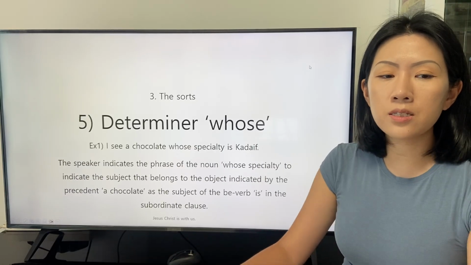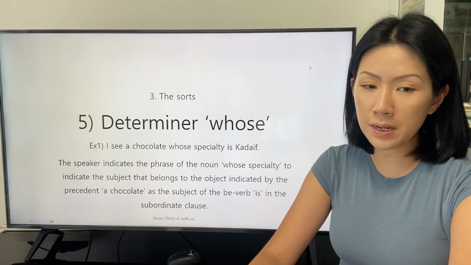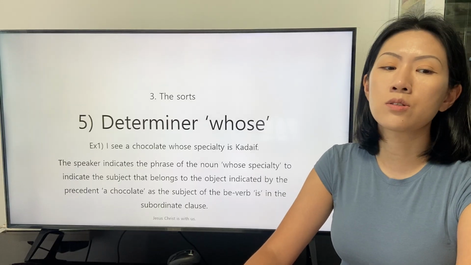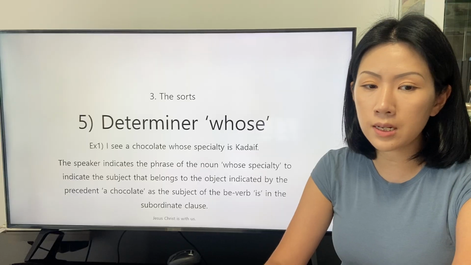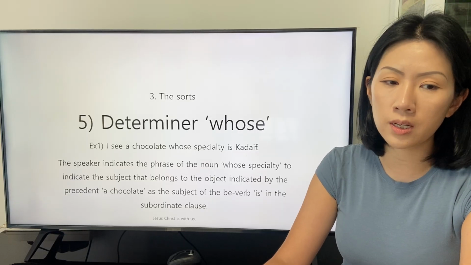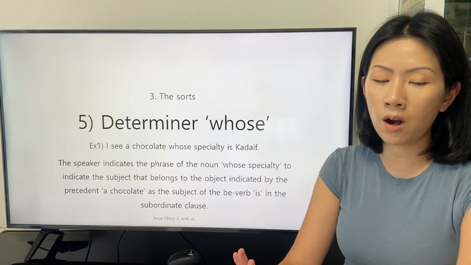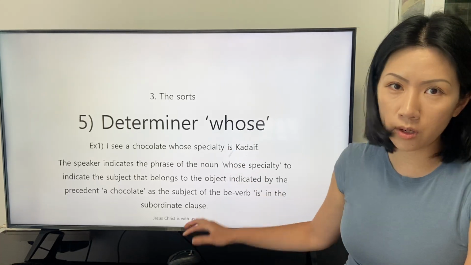The speaker indicates the subject that belongs to the object indicated by the precedent chocolate, as the subject of the be verb is in the subordinate clause.